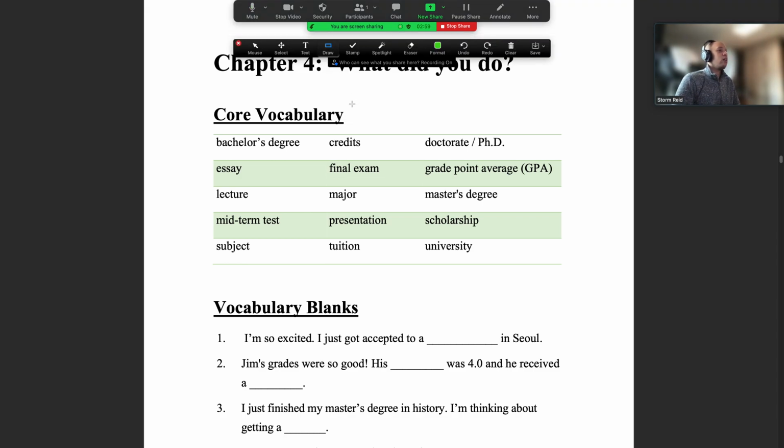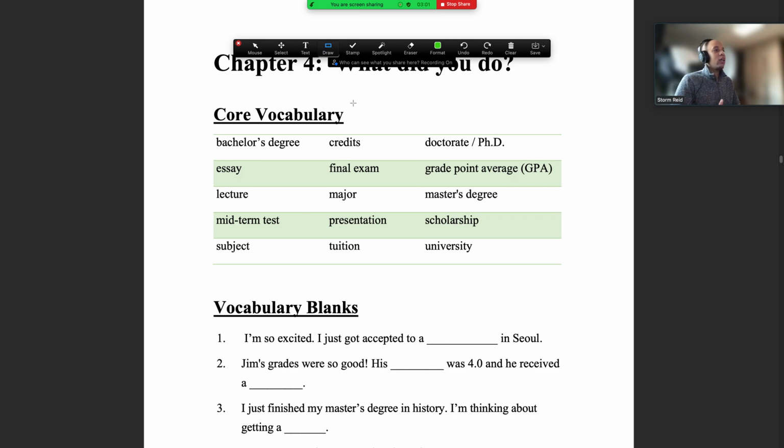Now, chapter 1, 2, and 3, we were talking about present tense, simple present tense, or present continuous tense, okay? So we're thinking about things that are happening now, or the state that I'm in, right? I am a teacher, or we were talking about 현재 진행.